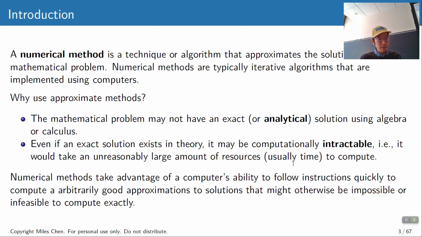We're going to take a look at some numeric methods. Today's topic is root finding. But in general, numeric methods are techniques or algorithms that provide approximate solutions to mathematical problems. Numeric methods take advantage of what the computer is good at, which is doing computations quickly.